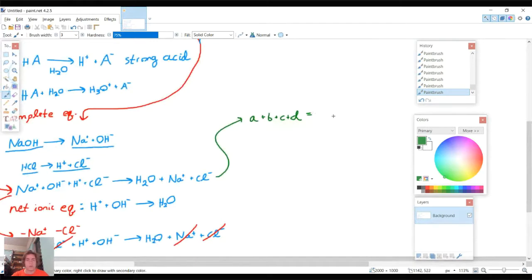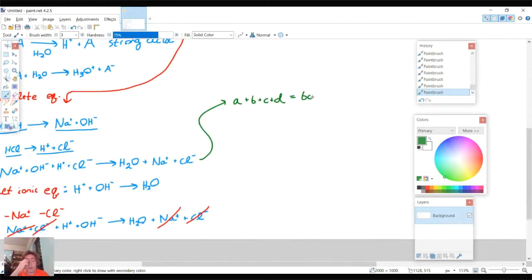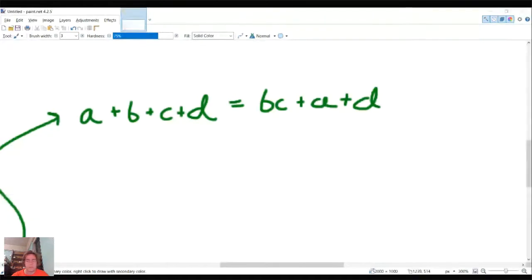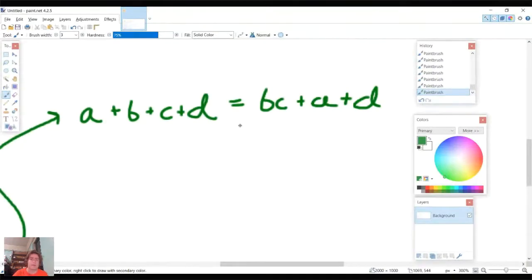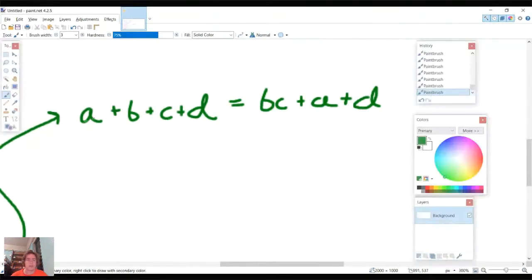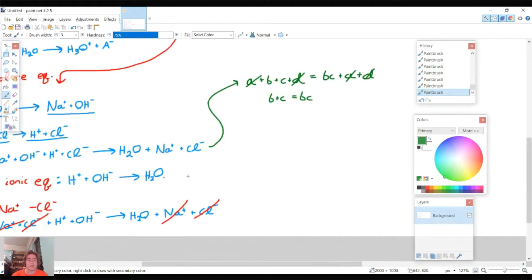And this gives us water, which is a new species, and we'll say that species is BC, combining the OH and the H, plus Na, which was A, plus Cl, which was D. Do you see that you can get rid of the A and the D on both sides? AD goes away, AD, you get B plus C equaling BC. And that's the same case here.